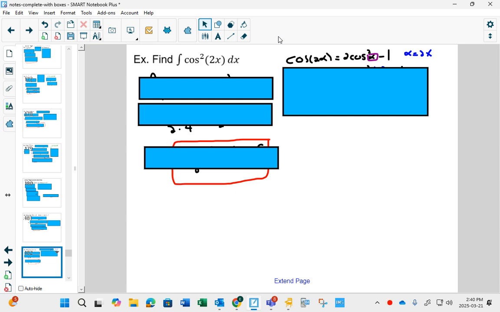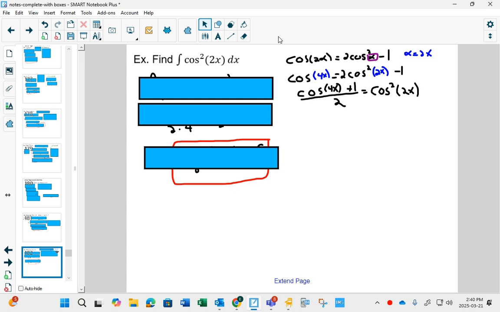You're stranded on an island with only this math question. So you plug in the 2x there, which would make that a 4x, right? And you rearrange to get the cos squared 2x by itself. That would give me a cos 4x plus 1 over 2.